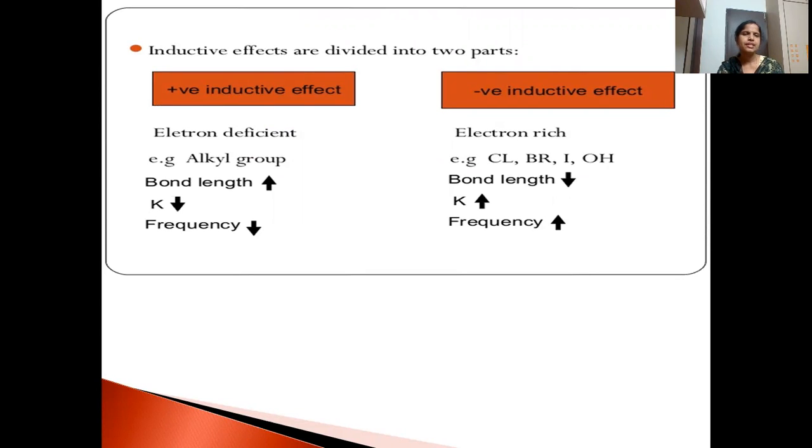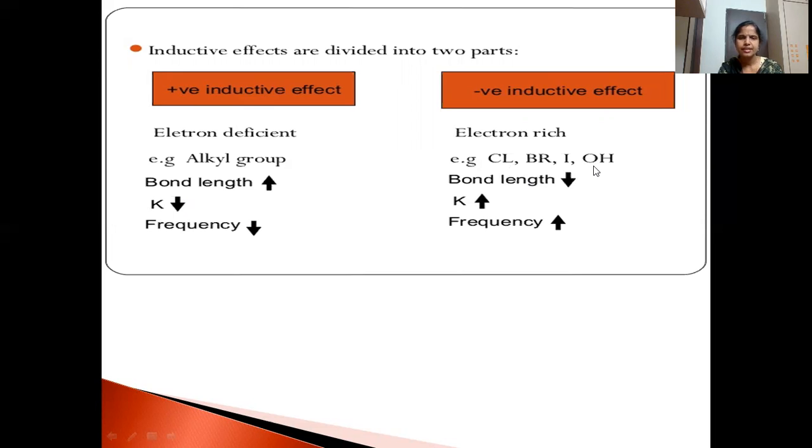As we know, inductive effects are of two types: positive inductive effect, which we call plus I, and negative inductive effect, minus I. So for example, if we take the same alkyl group, what is happening? Bond length is increasing, so the K value is decreasing and the frequency also decreases. Here you have to note one point: here the bond length is decreasing where we take chlorine, bromine, iodine.